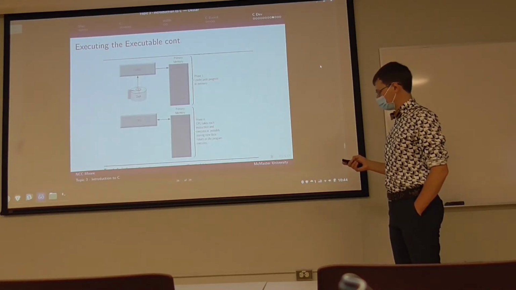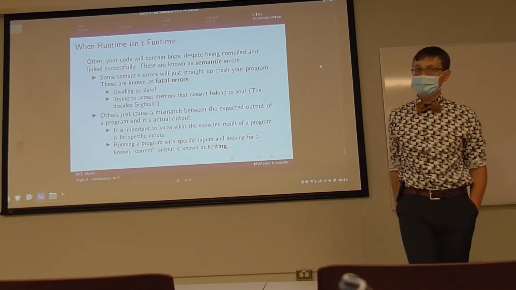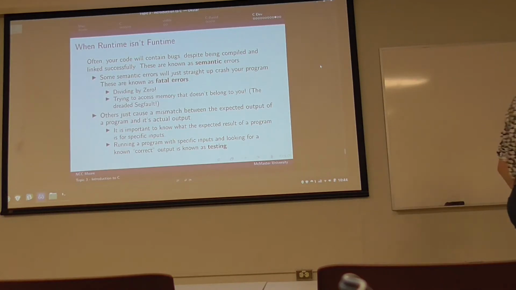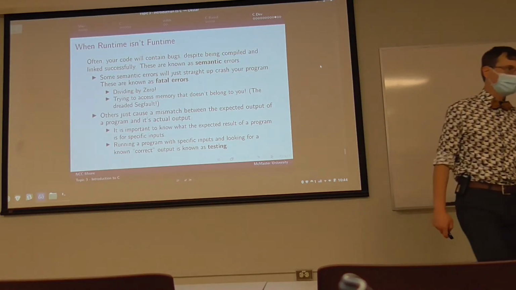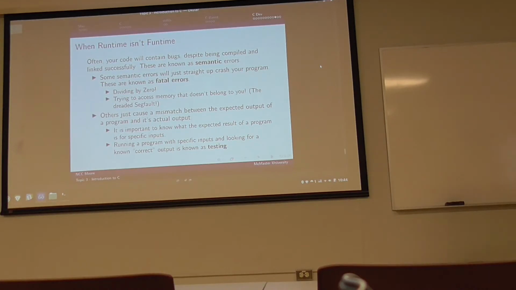Others will just cause a mismatch between the expected output of the program and its actual output. It is important to know what the expected result of a program is for specific inputs. This is known as a specification. Running a program with specific inputs, looking for a known correct output, is called testing. Test early, test often.